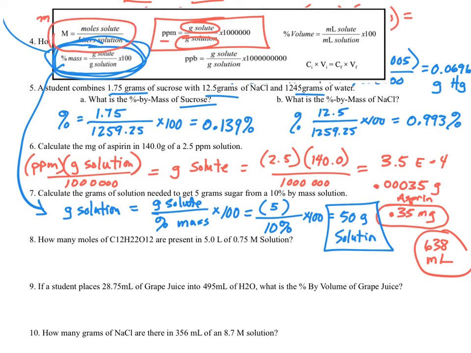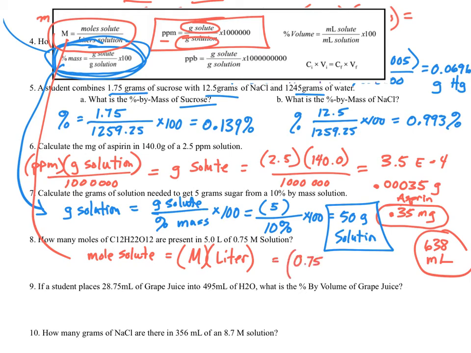Now, if I solve that equation for moles, then the moles of solute is going to equal the molarity M multiplied times the liters of solution. And they tell us the molarity of the solution is 0.75 moles per liter, and the liters of the solution is 5.0.